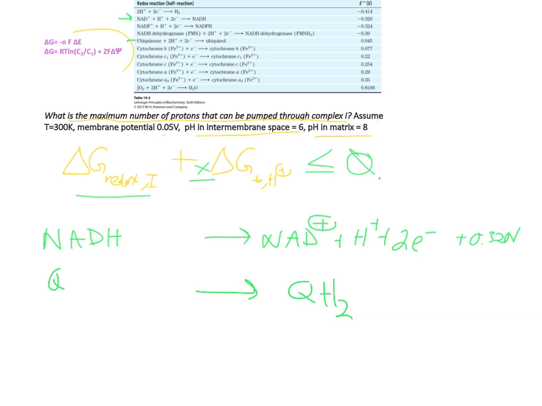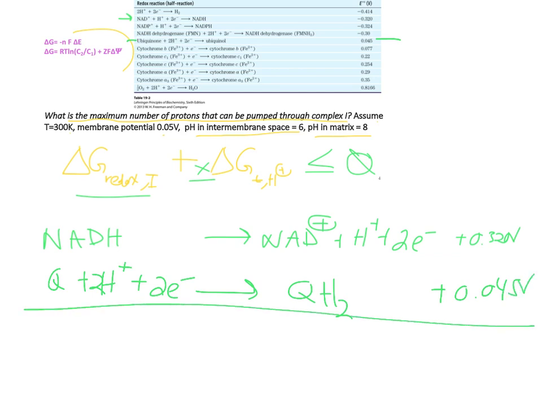Q is also called ubiquinone. And I just need to finish this here. There's two of those. And now I didn't change anything there, so I can leave this as plus 0.045 volts.